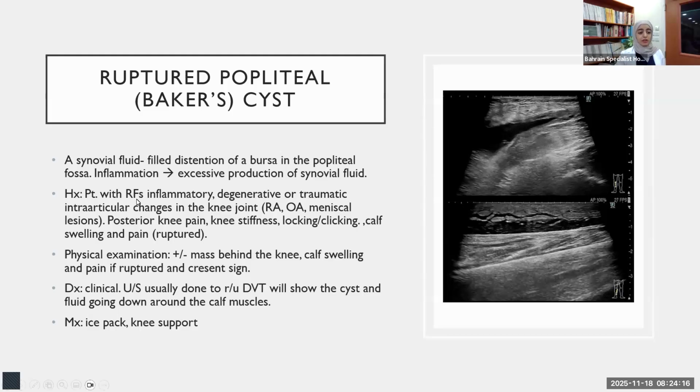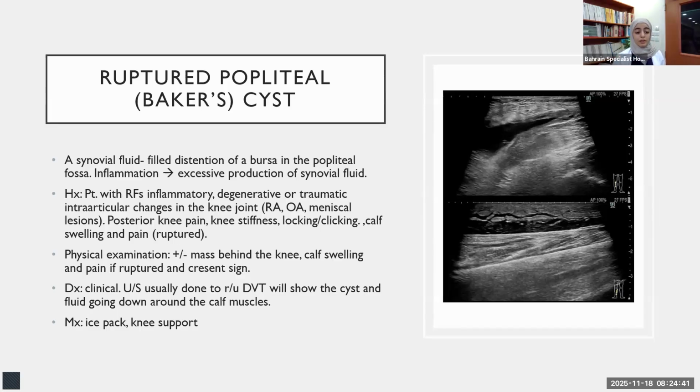For the history, the patient could have risk factors for inflammatory, degenerative, or traumatic intra-articular changes in the knee joint. For example, rheumatoid arthritis, osteoarthritis, or meniscal lesions. They could complain of posterior knee pain, knee stiffness, locking or clicking, calf swelling, and pain if it is ruptured.